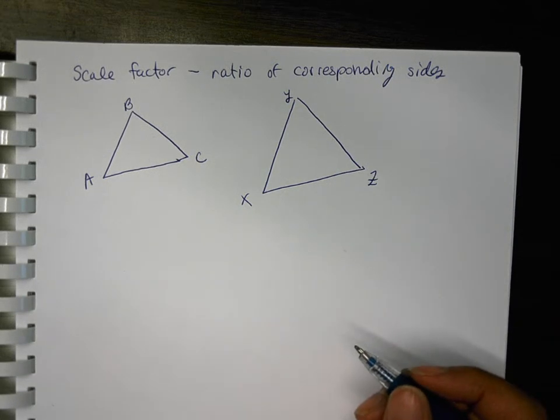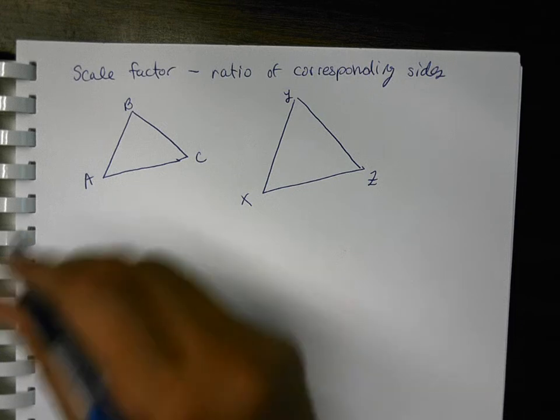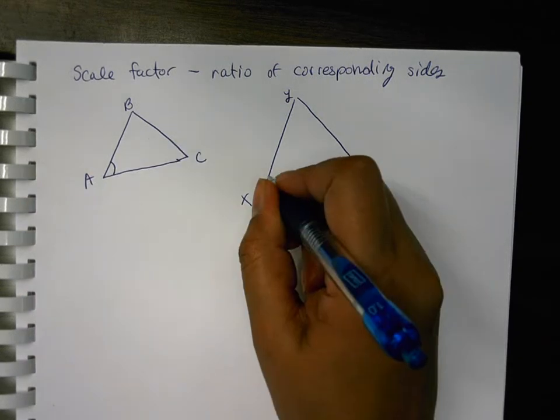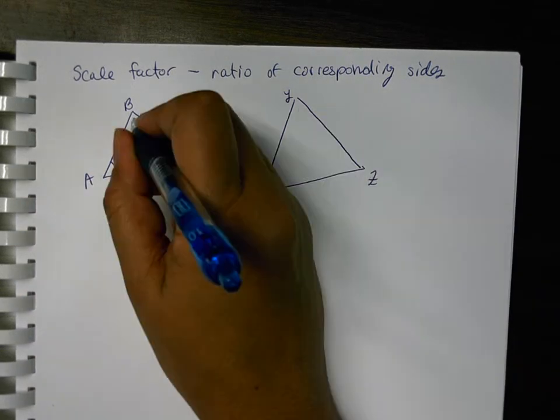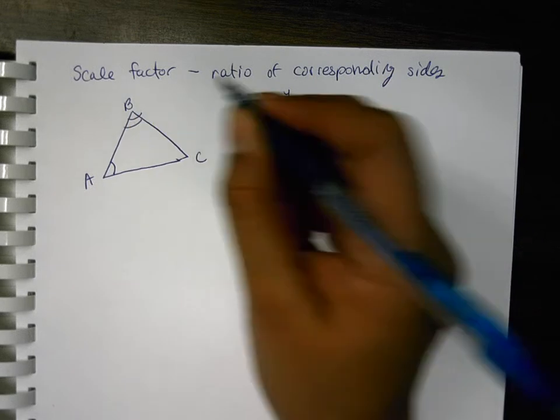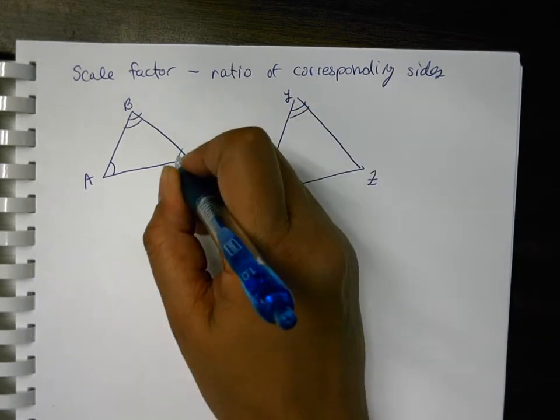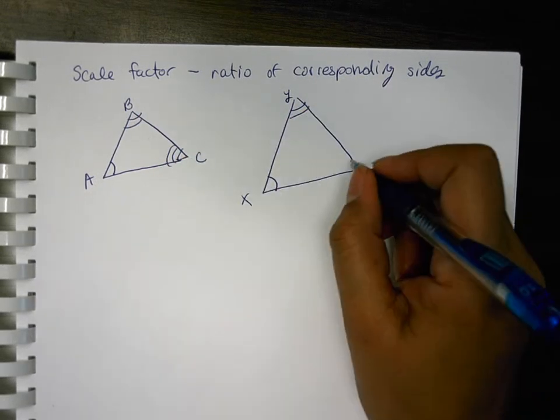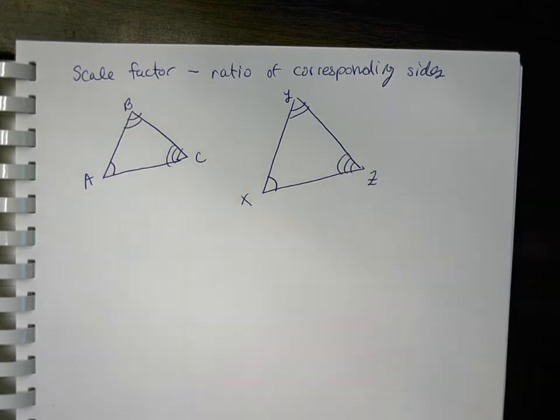Are you ready? Actually, I'm not. I'm going to label angles first. 1 in A, 1 in X, 2 in B, 2 in Y, 3 in C, and 3 in Z.